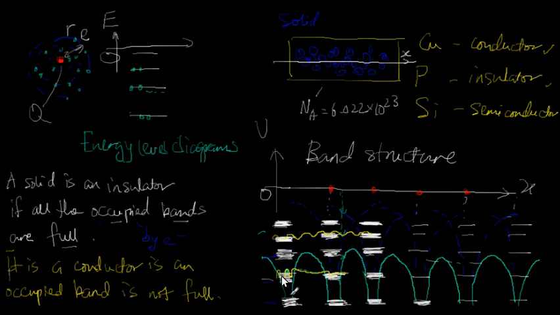And usually, when we try to understand, or in questions where we have to talk about conductors, insulators, and semiconductors, we would usually only need to worry about two bands: the highest band that is occupied, and the next band that is not occupied.